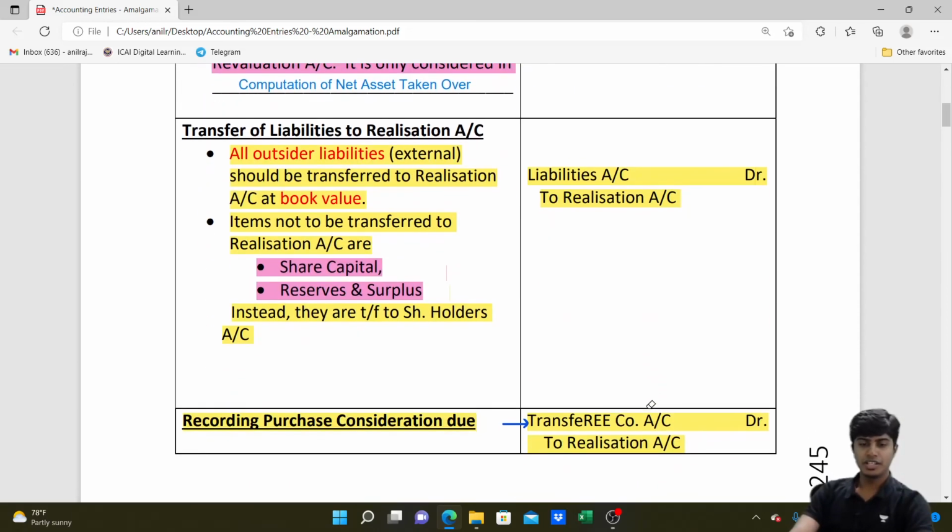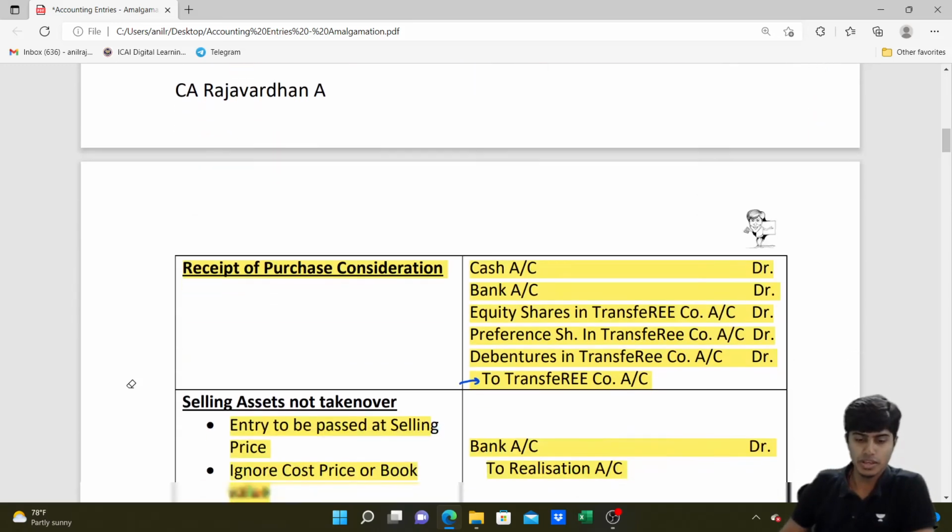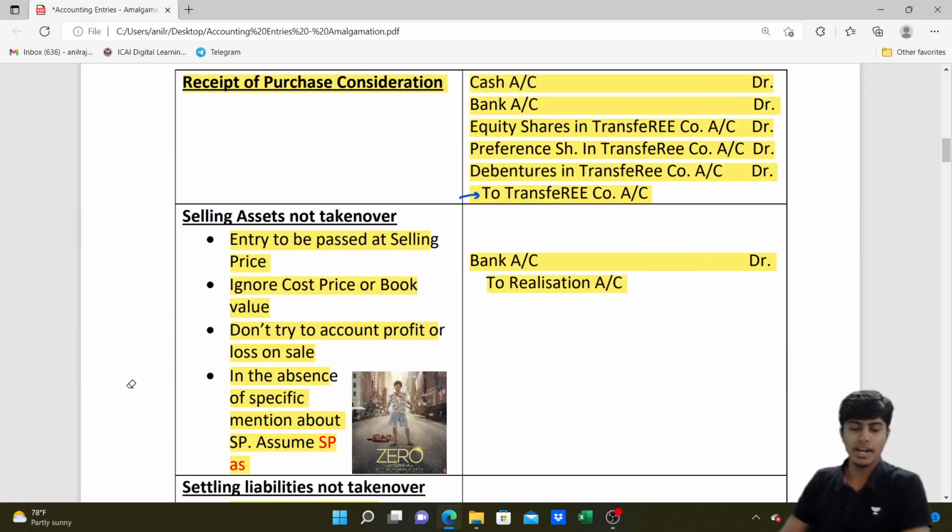Then we have the next entry for liabilities transferred and PC due. I'm showing you 2 entries. Next we have receipt of PC and assets not taken over settlement.